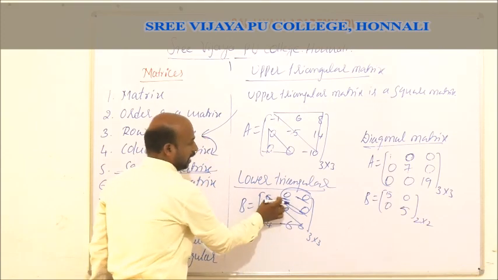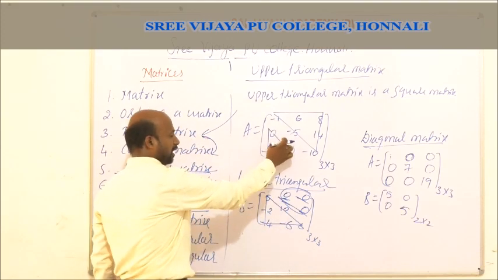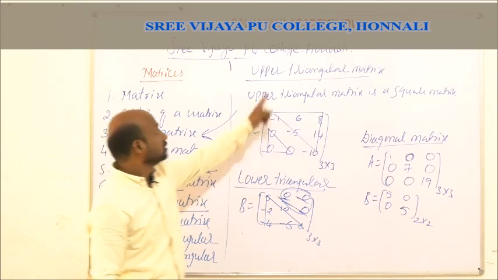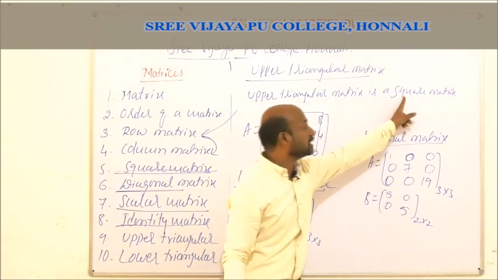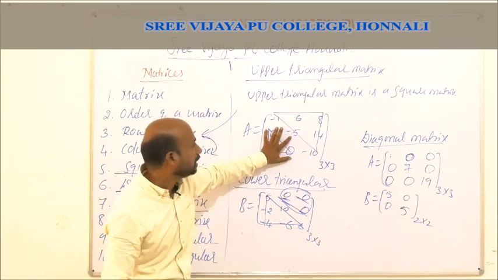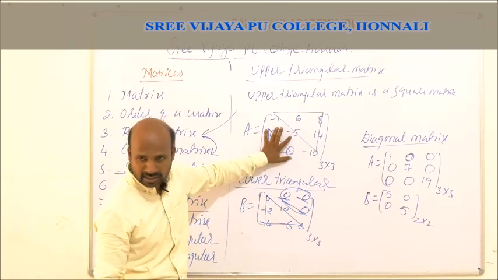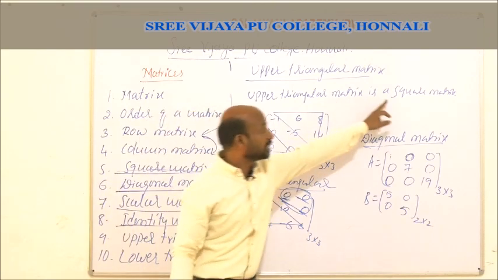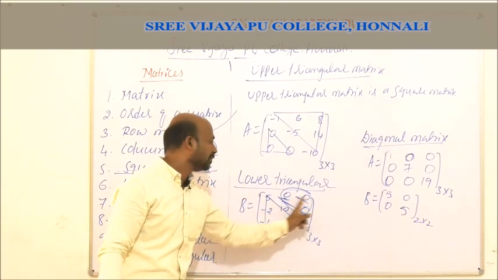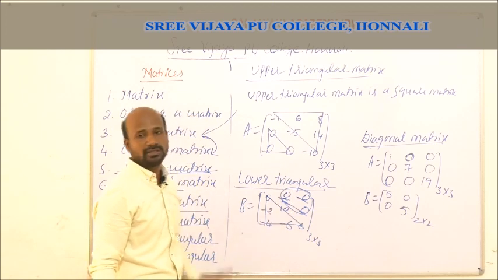This is upper triangular matrix and this is the lower triangular matrix. So upper triangular matrix is a square matrix in which the elements below the principal diagonal elements are zeros, compulsory zeros. Lower triangular matrix is a square matrix in which the elements above the principal diagonal elements are zeros.